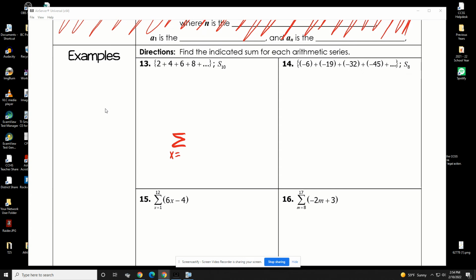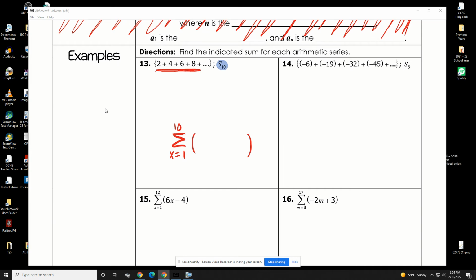From the first term to the 10th term, right? Isn't that how it works? And I'm going to do that for the explicit formula that goes with this particular sequence.